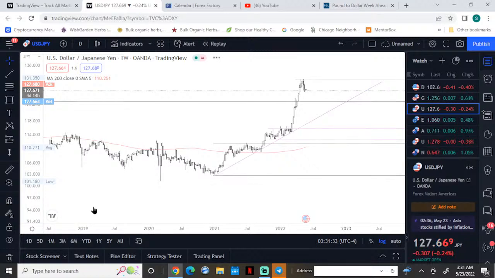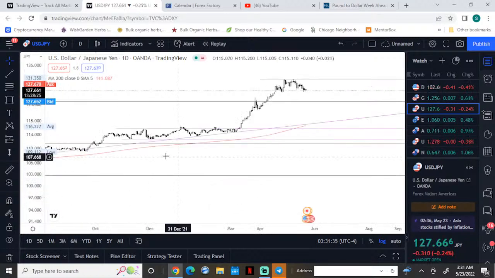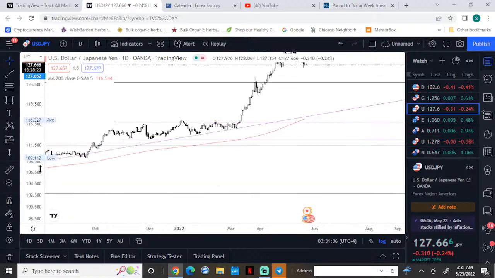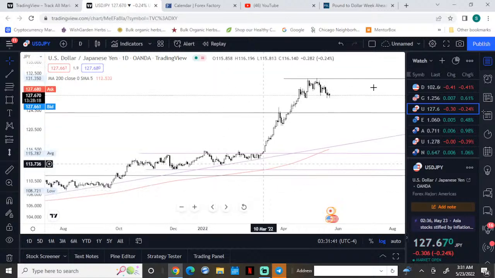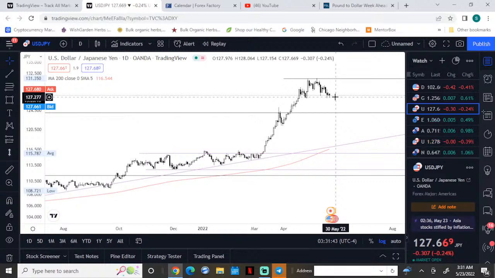So we got the weekly, now daily. I am gonna mark right here. Price turned around right here. It rejected some and it's stuttering right now in this area.